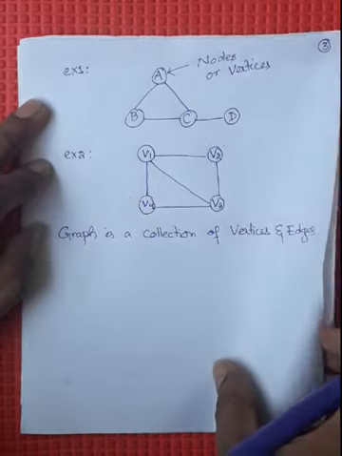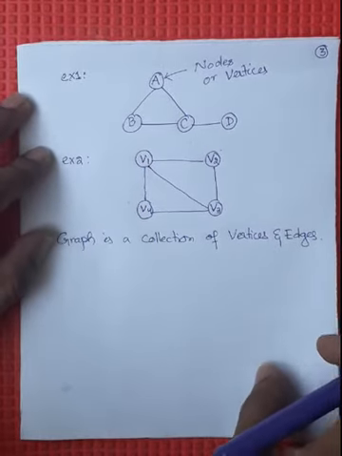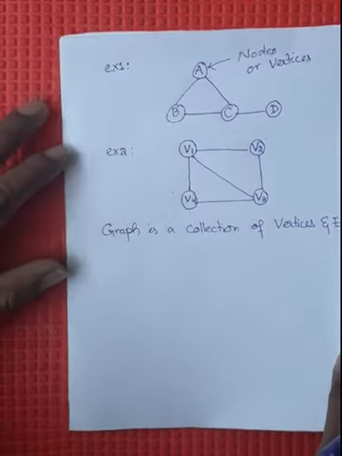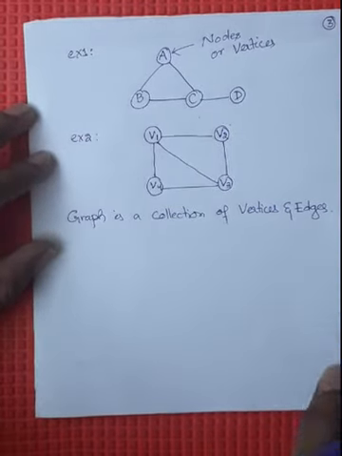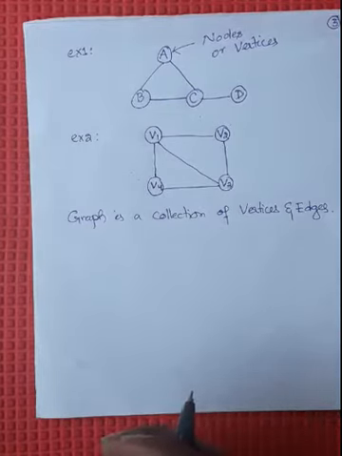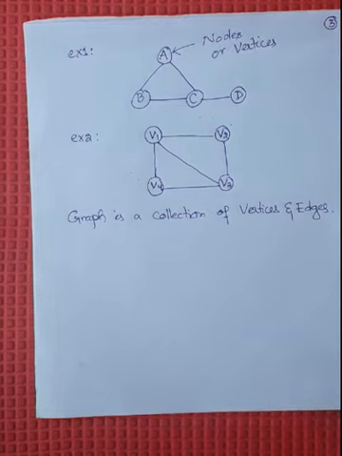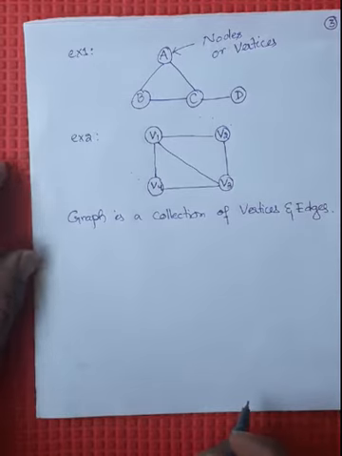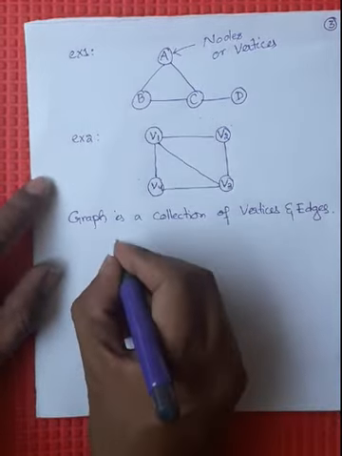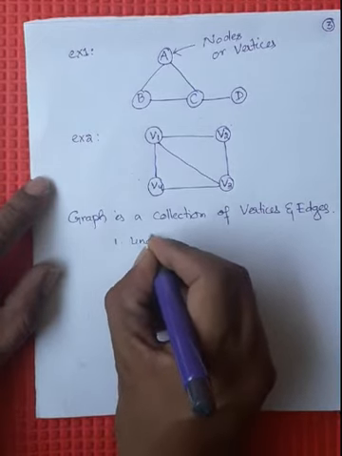If I represent this graph in terms of set representation, then we have to identify what the vertices are and what the edges are. First, the next topic: the three different types of graphs we normally find. The first one is the undirected graph.